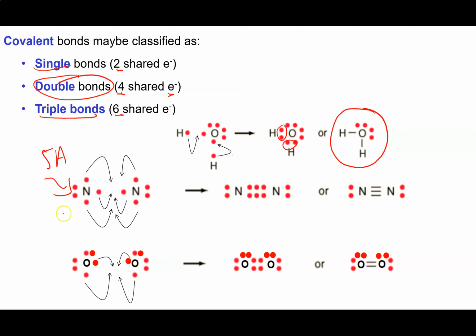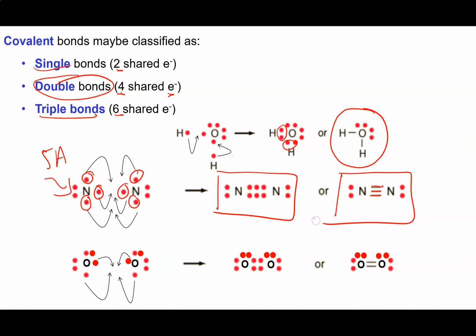When 2 nitrogen atoms come together, they share these unpaired electrons, giving a total of 6 electrons shared between the 2 nitrogen atoms. We represent that with one line for each pair of electrons, which puts 3 lines between the 2 nitrogen atoms, which is why we refer to this as a triple bond. So we can share 2, 4, or 6 electrons, giving rise to single, double, and triple bonds.